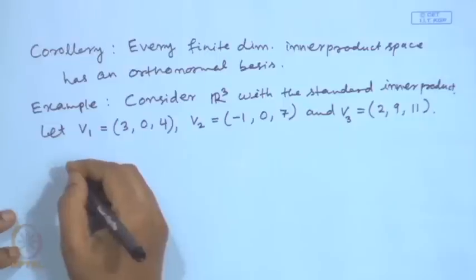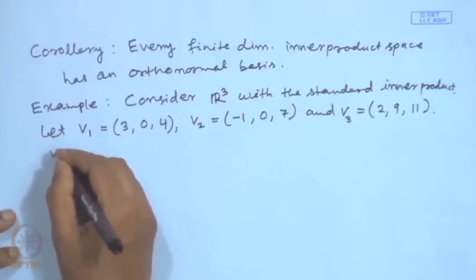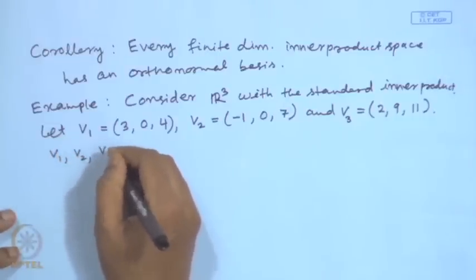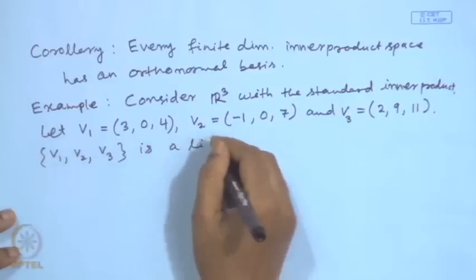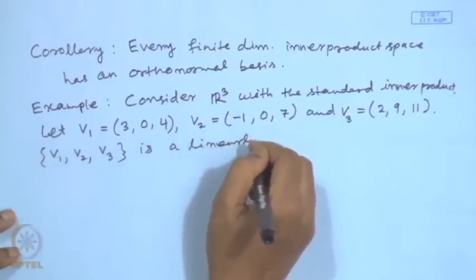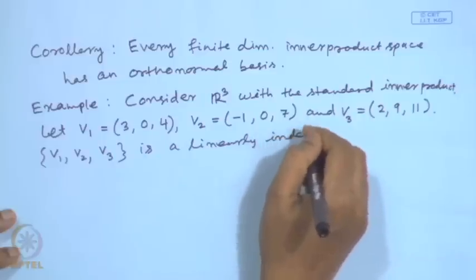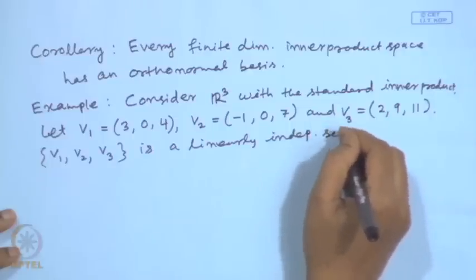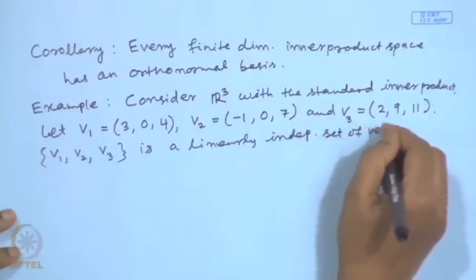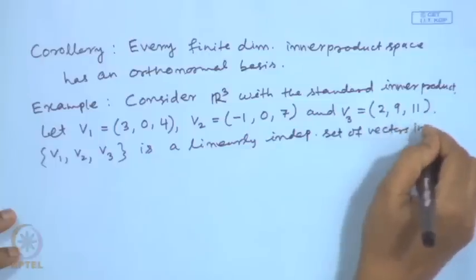So, easily one can see that V1, V2, V3 is a linearly independent set of vectors in R3.